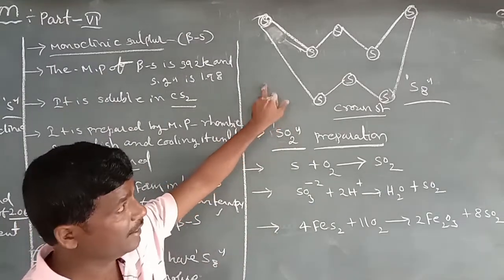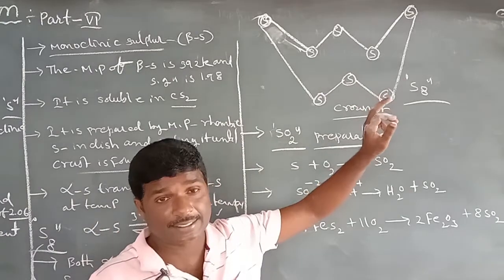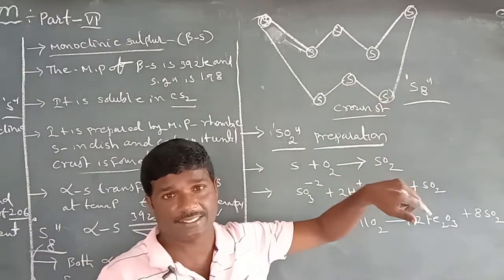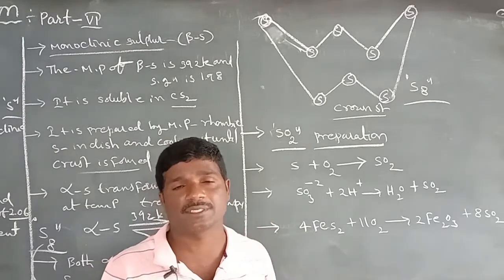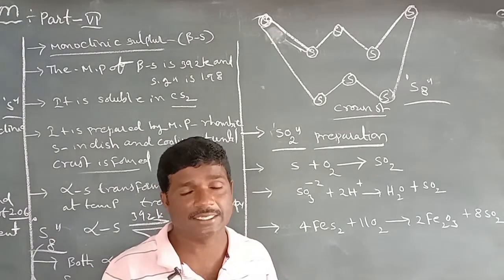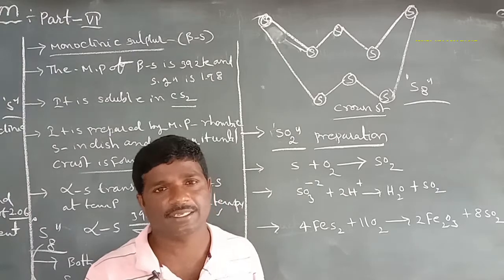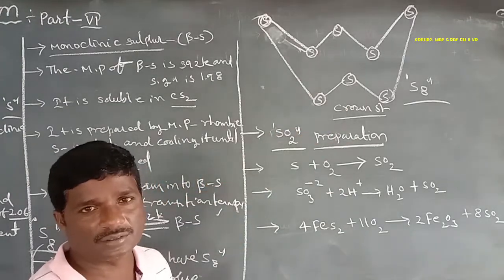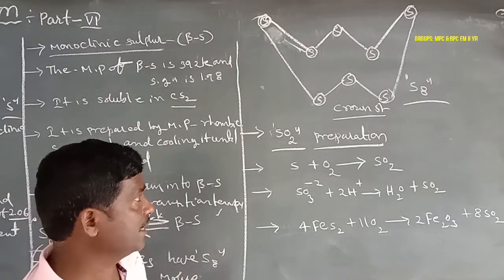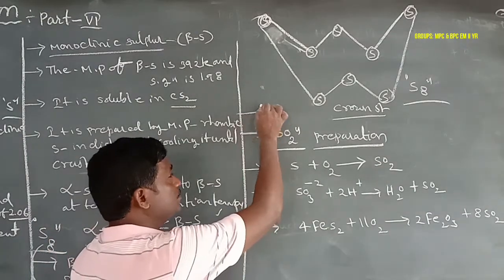Sulfur exists with an octaatomic nature. Octa means eight sulfur atoms are present, so it exists as an S8 molecule.